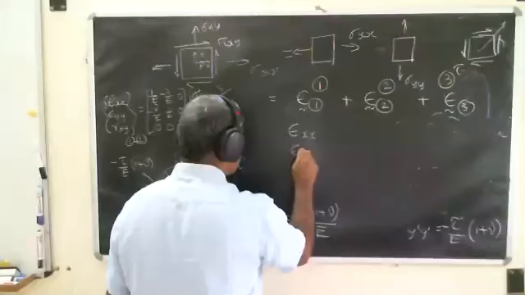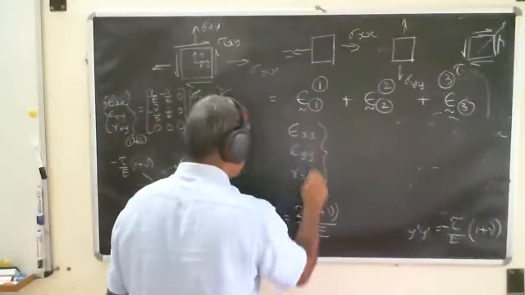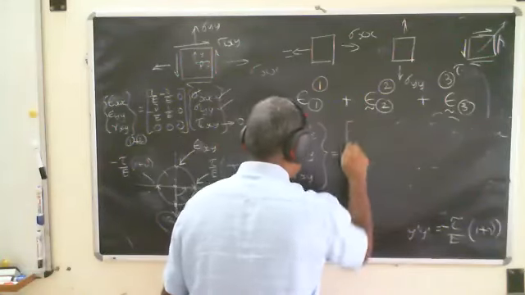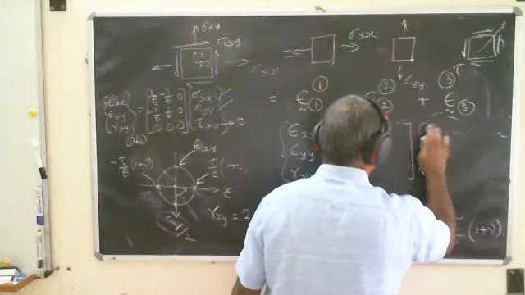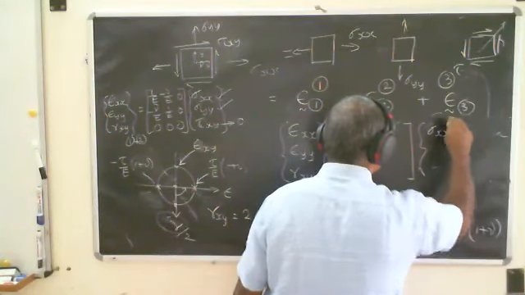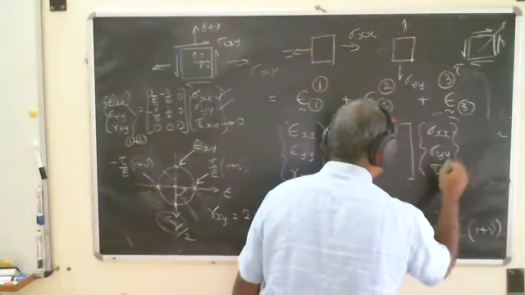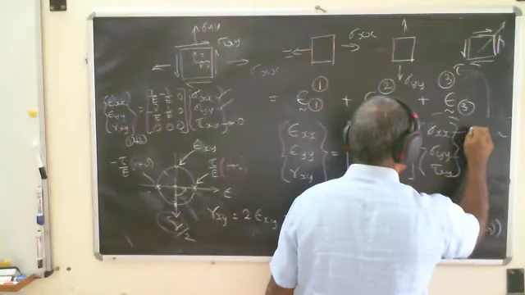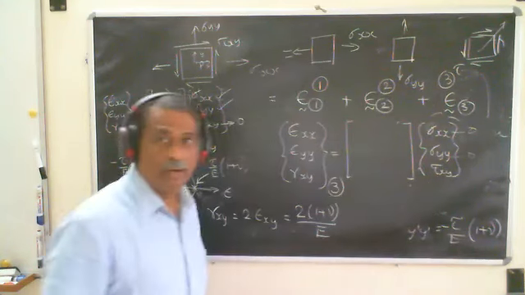Epsilon xx, epsilon yy, gamma xy is equal to sigma xx, sigma yy, tau xy. I said this equal to 0, this equal to 0 for the third case, this case. All right.